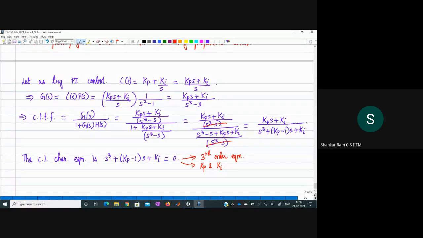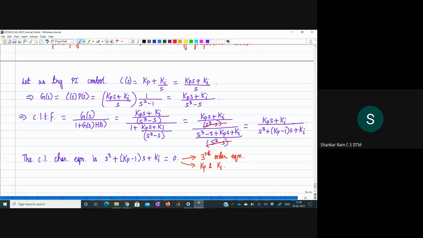Okay, that's a good start. But however, it is not sufficient that all coefficients be positive. We will shortly see in the next class what the equivalent condition is. So it essentially means that if you are given an nth order polynomial and you want all the n roots to be in the left of the complex plane for the polynomial to be Hurwitz, then how do we find that?